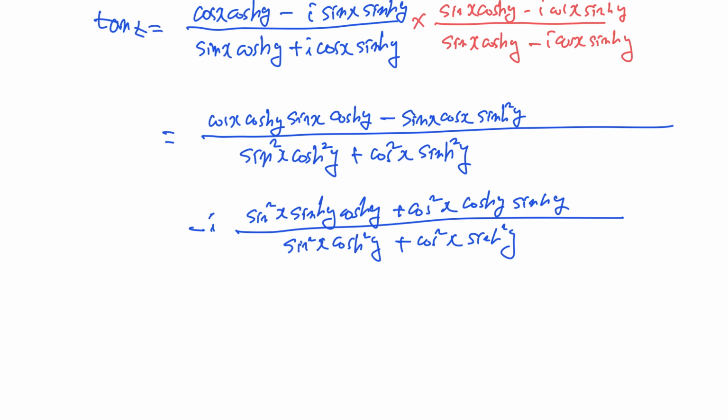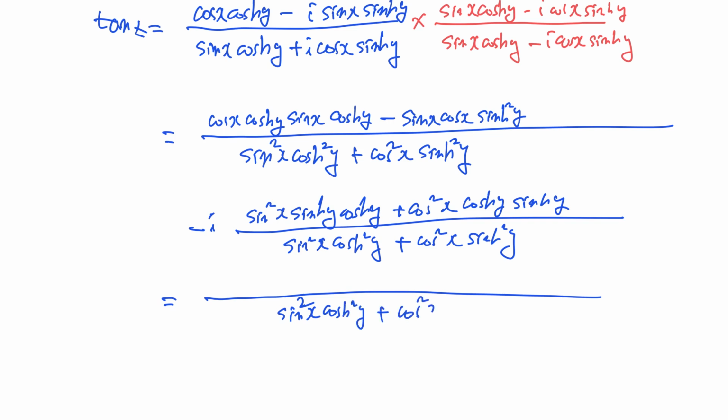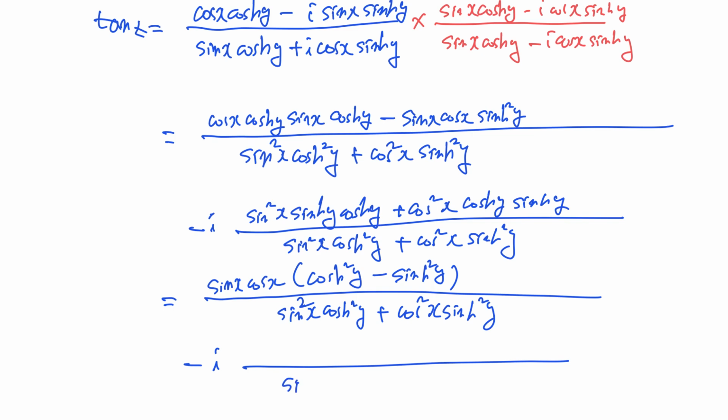So how do we simplify this expression? The real part has sine x cosine x times cosine hyperbolic square y minus sine hyperbolic square y.